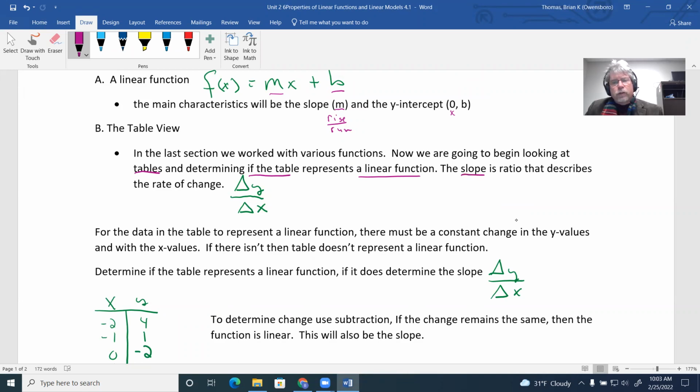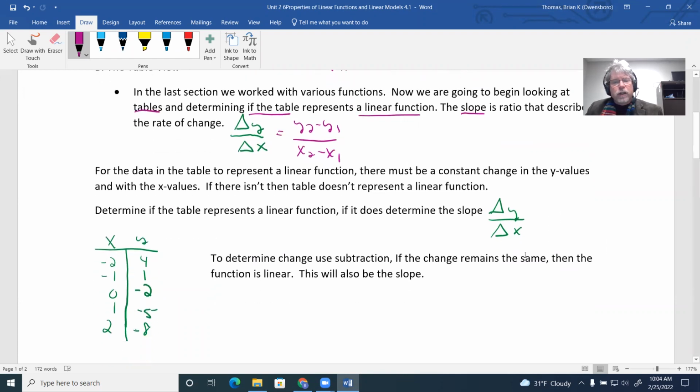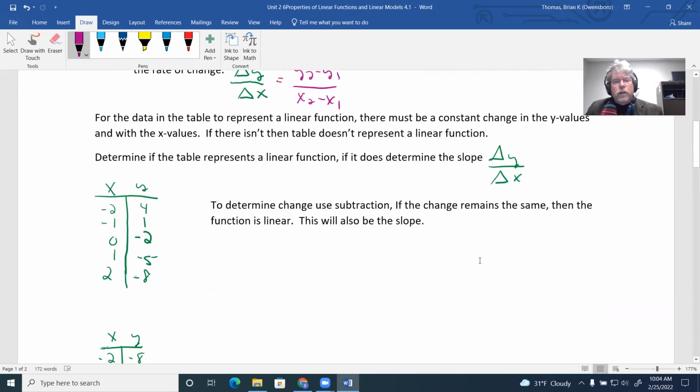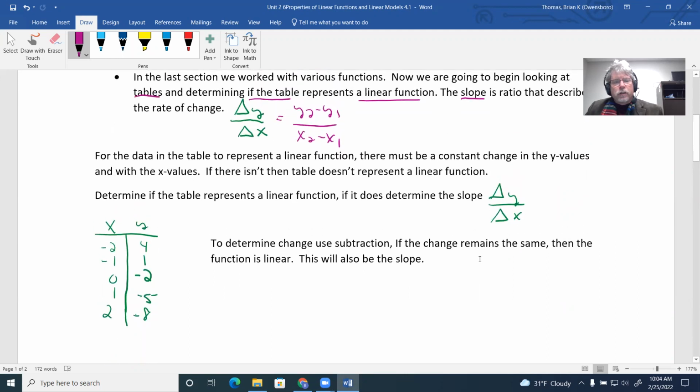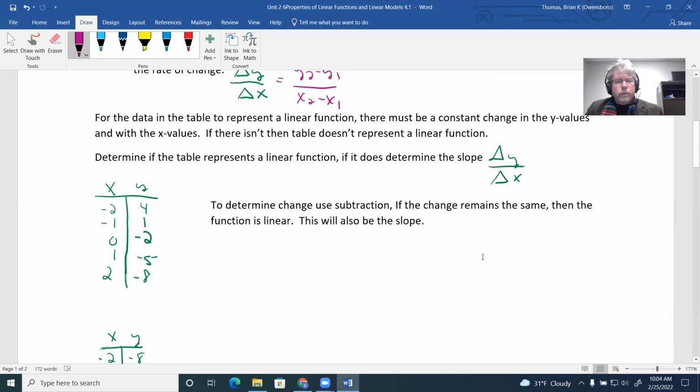Slope is the ratio that describes the rate of change. In other words, we have this delta y over delta x, which really means the change in y over the change in x, or y2 take away y1 over x2 take away x1. That's how we actually determine the slope, by looking at that change, that ratio. So that's what we're going to be looking at in a couple of tables.